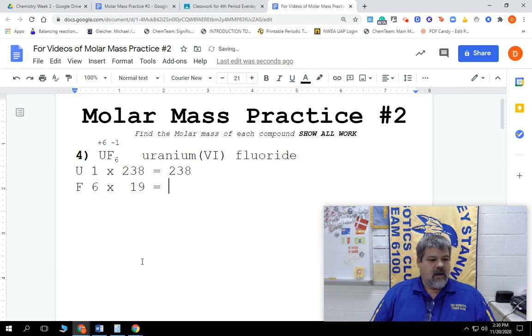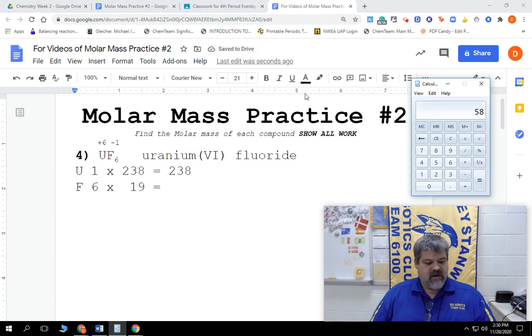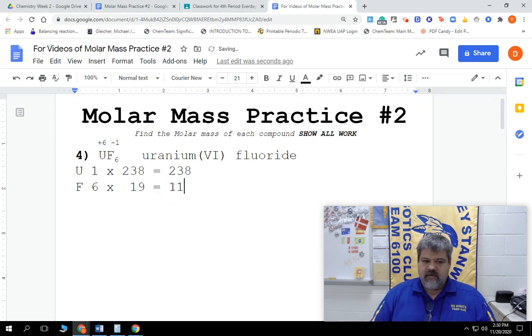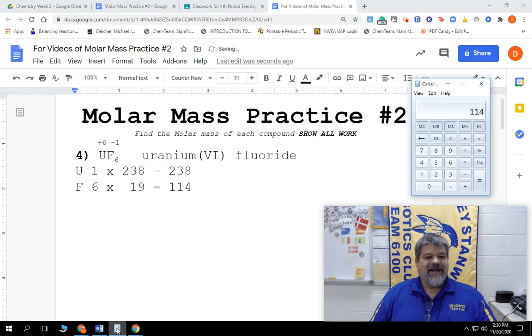What about this? I have 6 fluorines at 19 each. We could calculate that out in our head, most of us, right? So 6 times 19 equals 114. So we're going to put 114 in there. Now again, double check the way it is. So 6 times 19 equals 114. So now what do we do?